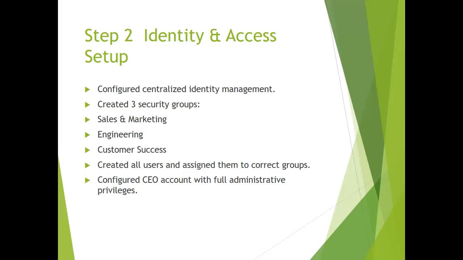A separate executive account was created for the CEO and assigned administrative privileges. So this structure ensures that permissions can be managed efficiently using group-based access rather than assigning permissions individually.